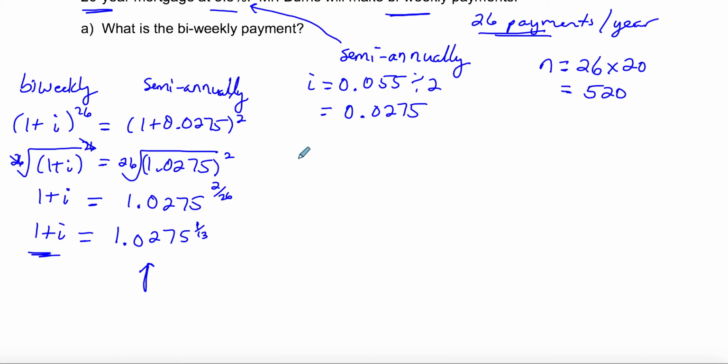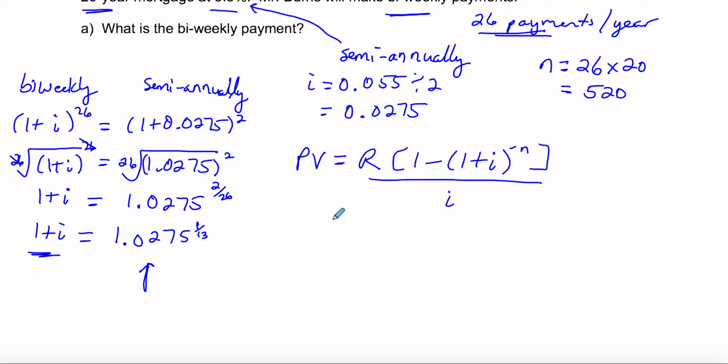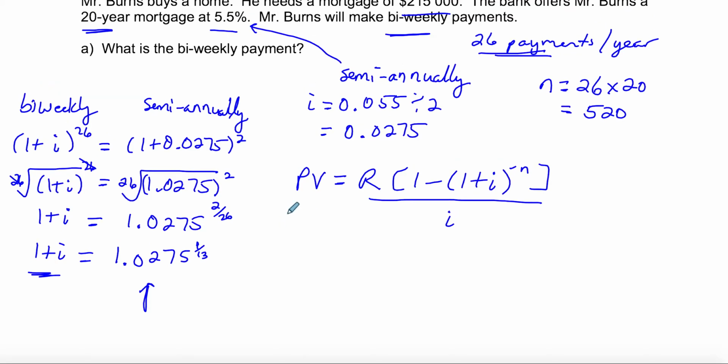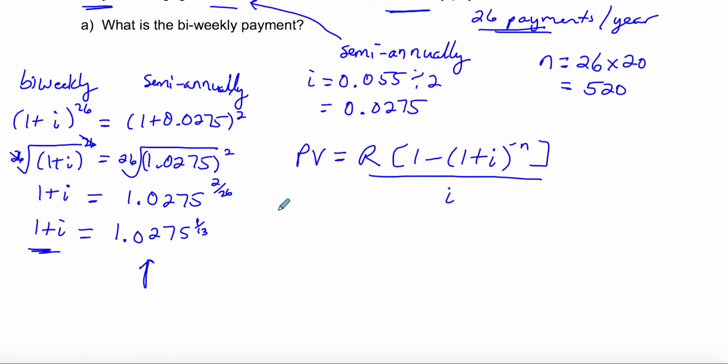So our present value formula, we know though that the present value of the house that he's going to buy is $215,000. We're trying to find his biweekly payment. So anytime I see this 1 + i, I'm going to write this instead.